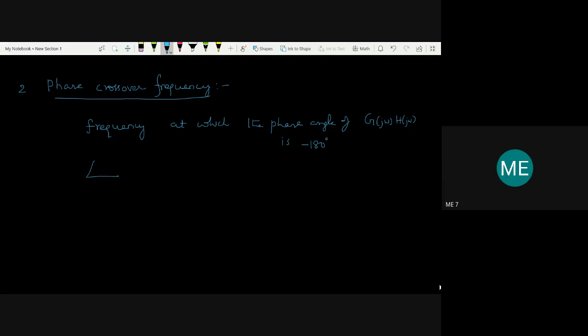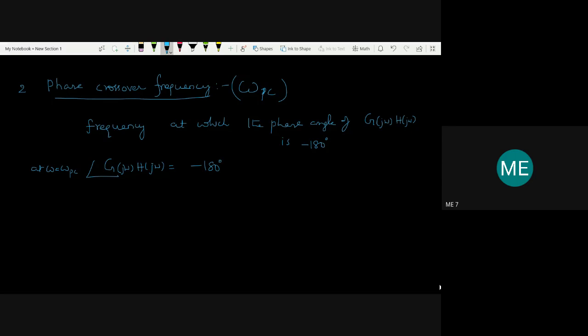Means angle of G(jω)H(jω) is equal to minus 180 degrees at ω equal to ωpc. So at ω equal to ωgc, magnitude is 1. At ω equal to ωpc, the phase angle is minus 180 degrees. That is called the phase crossover frequency. It is denoted as ωpc, p for phase crossover frequency.